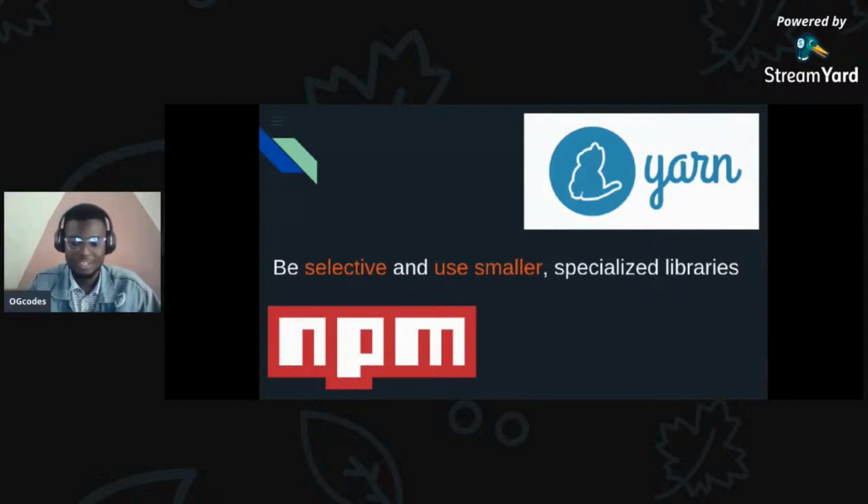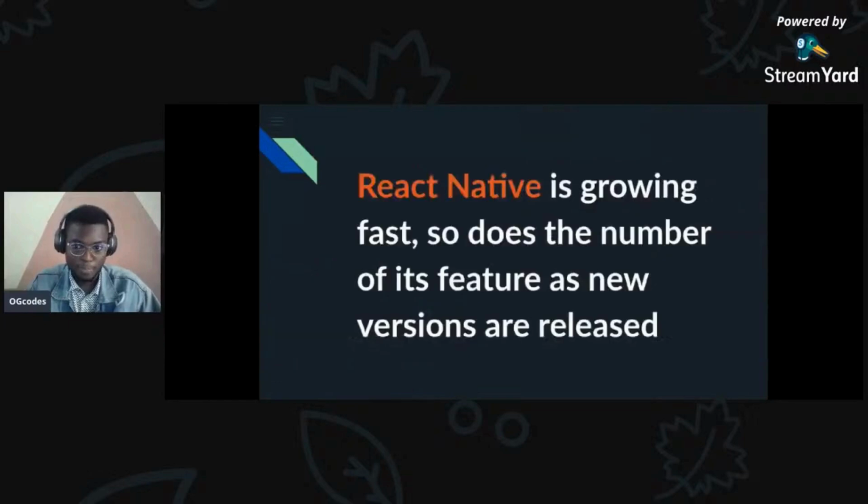So let's say, for example, you're installing a library that will help you convert a figure to currency, and you want the currency to be shown in Naira. And then you install a particular library that has some large size, just to convert numbers to currency. And then you go into production, you're wondering, and you're busy reducing lines of code and taking out things, not knowing that your libraries are actually large and causing your app to be large as well.